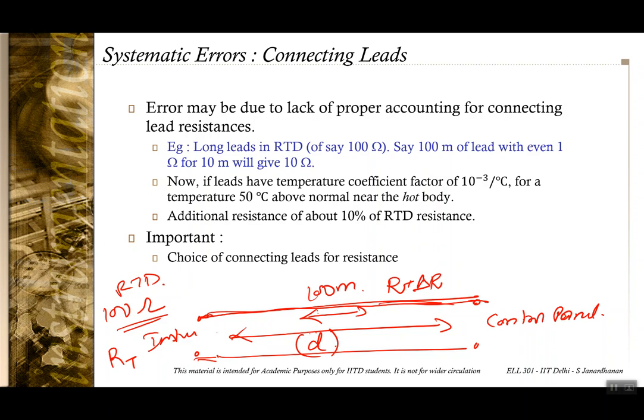So there is another factor of temperature coming into this picture. These sorts of errors arise if R is comparable to RT. Until I recalibrate or take this into account, there is an error, like we did in the 3-lead RTD or the 4-lead RTD.